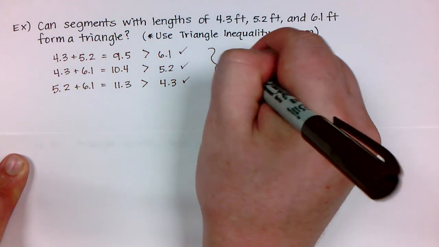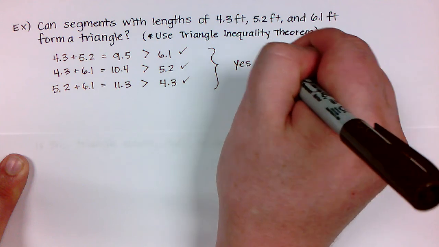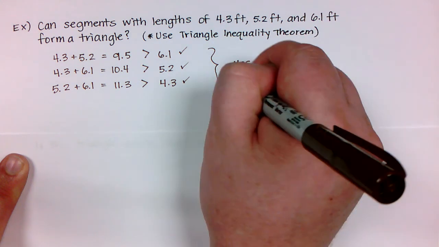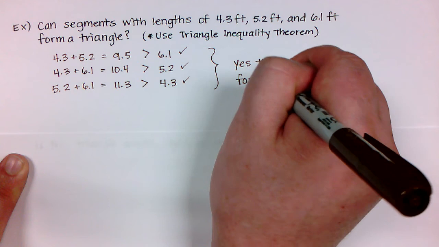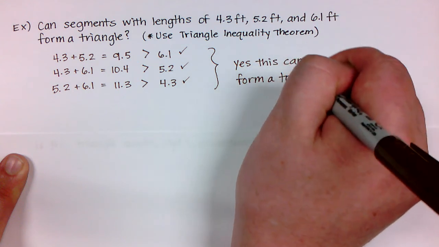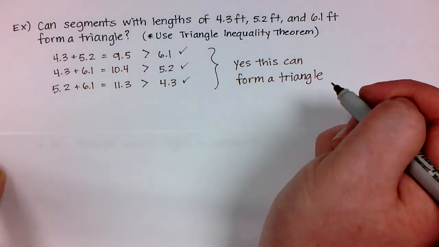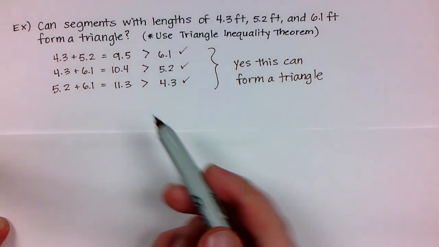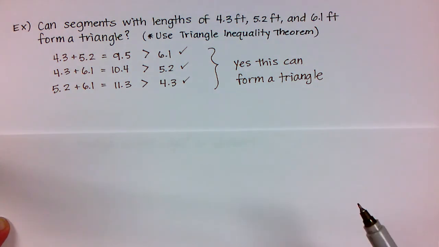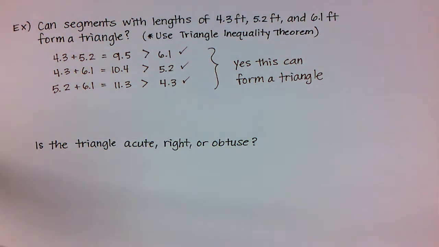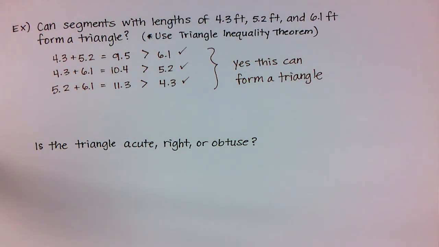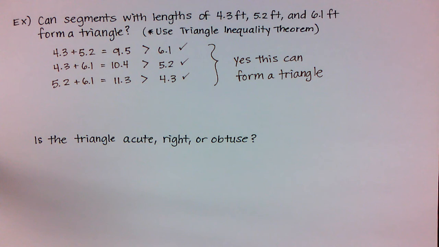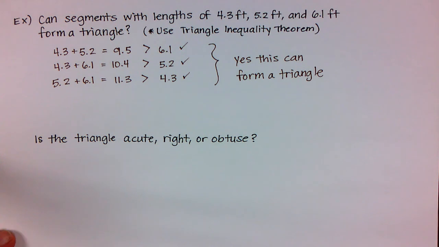So yes, this can form a triangle. So whenever you're asked if these can form a triangle, this is what you need to do to show that, yep, it's possible. Okay. Now the second part is where it's wanting to know if this triangle is an acute triangle, a right triangle, or an obtuse triangle.